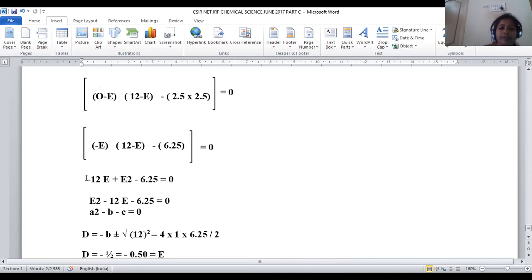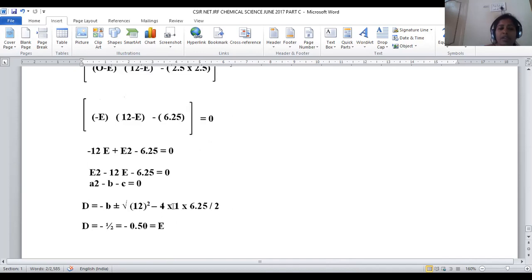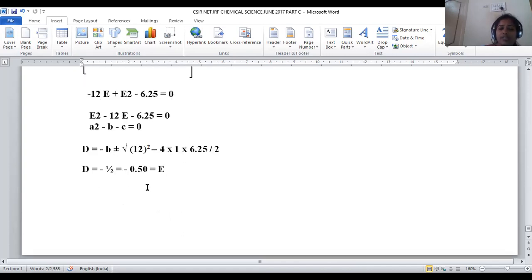Now the equation can be represented as 12E plus E minus 6.25 is equal to 0. It can be written as E square minus 12E minus 6.25 is equal to 0. The equation is in the form of A square minus B minus C is equal to 0.